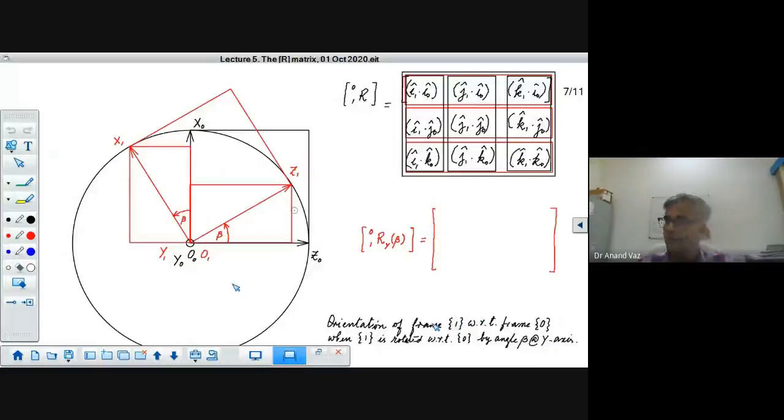So if we proceed with this, let us start determining. First of all, we will identify the unit vectors. Since the rotation is about the y-axis, I have deliberately taken y0 and y1 as if they are coming out of the board.